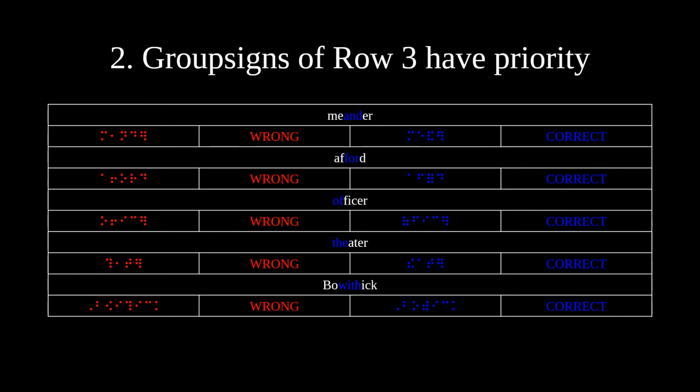The word afford uses the contraction for FOR instead of the one for FF. The word officer uses the contraction for OF instead of the one for FF. The word theater uses the contraction for THE instead of the one for EA. And Boethic uses the contraction for WITH instead of the one for OW.